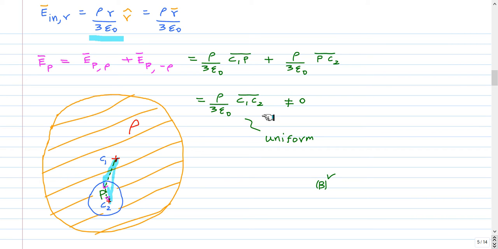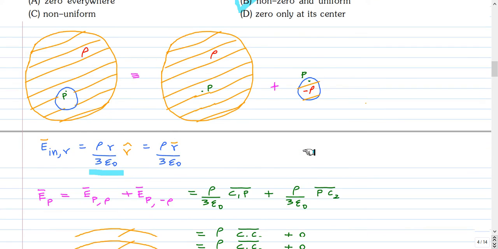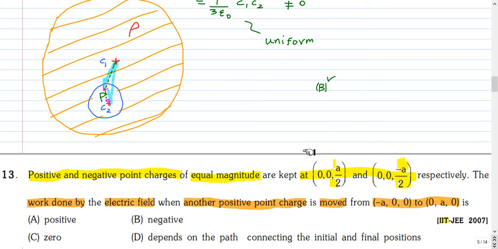So this is independent of the position of the point P. So at any point P inside the cavity, the electric field value is given by this, which is independent of the position of the point P. So the electric field inside the cavity is uniform. So option B is the correct one. Option B says the electric field is non-zero and uniform inside the cavity. Let's move to the next question.